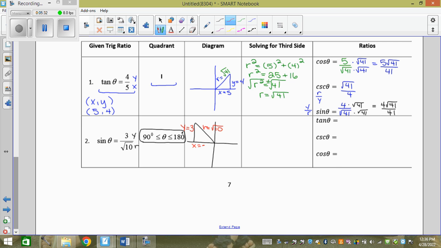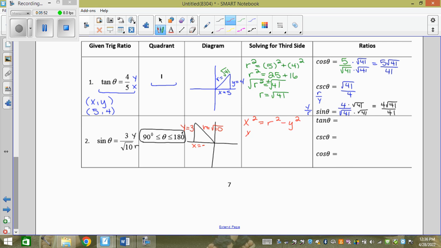The people who draw these get them 100% right. The people who don't draw them get them about 50% right, because people will miss the sign. And the option of positive 1 will be there, so you're going to get it wrong. Okay, so we're going to go x squared equals r squared minus y squared.